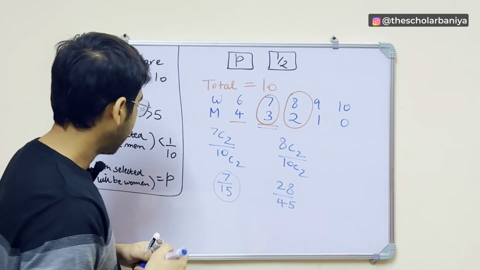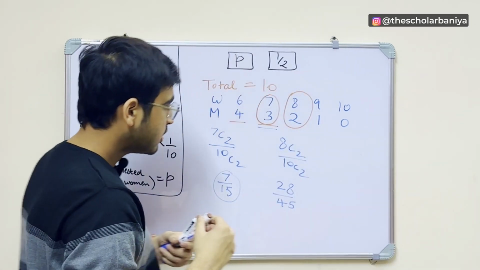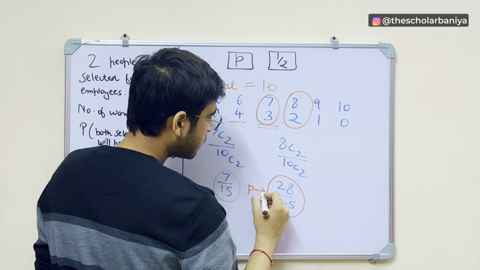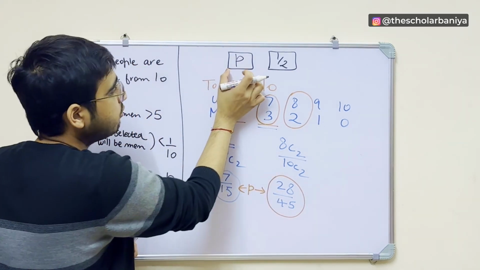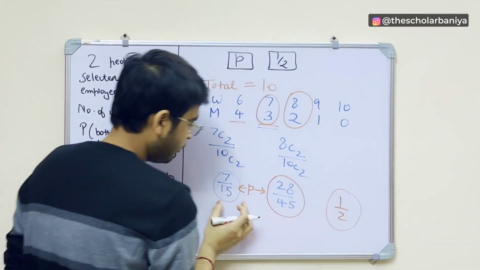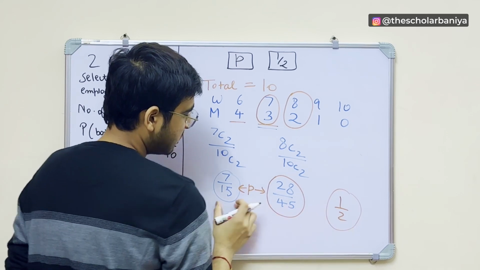Okay. And now this is what? This is P, right? So these are the two possible values of P. Either P can be this or P can be this. And we have to compare P with 1 upon 2, right?